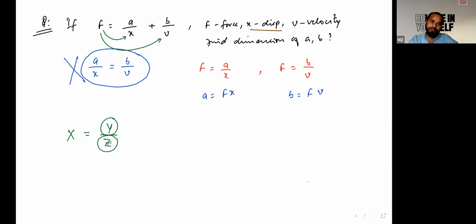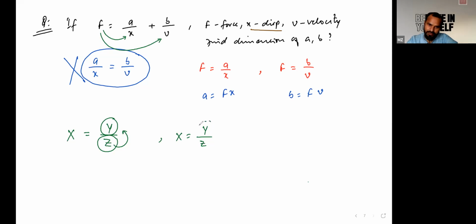We have to put the dimension as it is. So when we bring this part to the numerator, its exponent would change to minus 1.